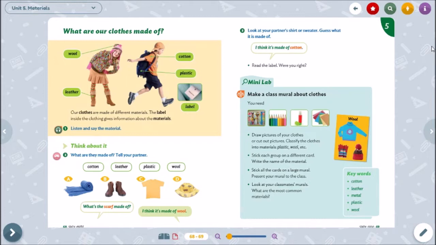Because what are our clothes made out of? Well, we're not really going to be wearing much wood as a t-shirt. That wouldn't work too well, or metal trousers, metal pants, that wouldn't work very well either. We use things like wool, cotton, leather, and even plastic to make clothes.